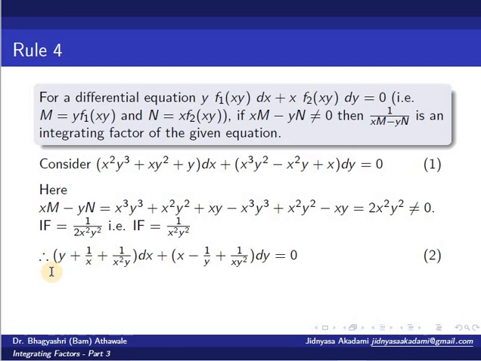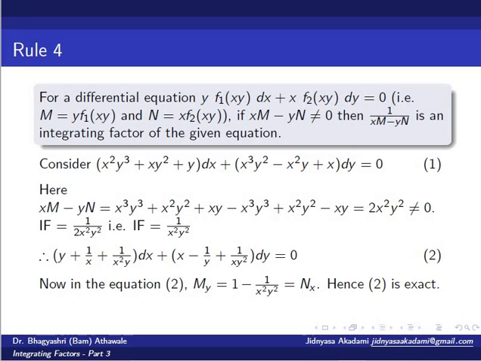So the partial derivative with respect to y of this is 1 minus 1 upon x square y square, which is the same as the partial derivative with respect to x of this, because the derivative of x is 1 and the derivative of this term with respect to x is minus 1 upon x square y square. Since these two partial derivatives are equal, our differential equation is exact. Now follow the procedure of solving exact differential equations and you will get your answer as this.